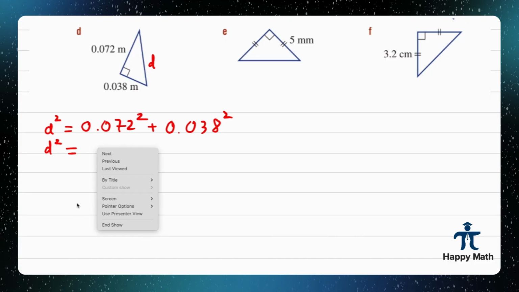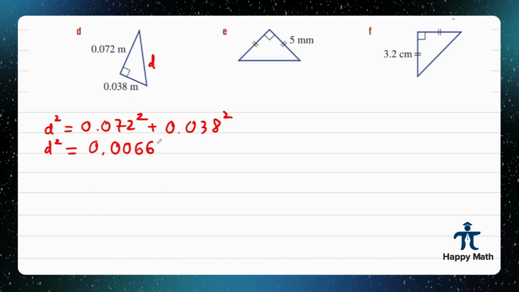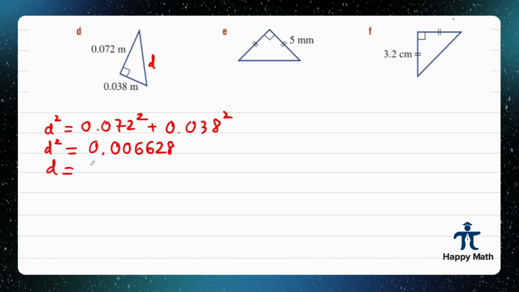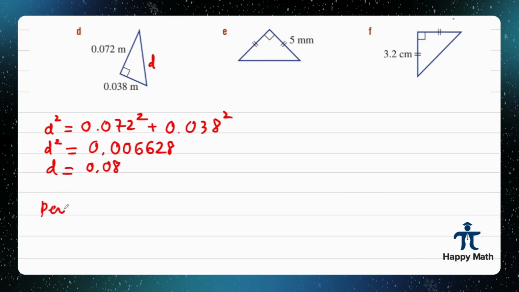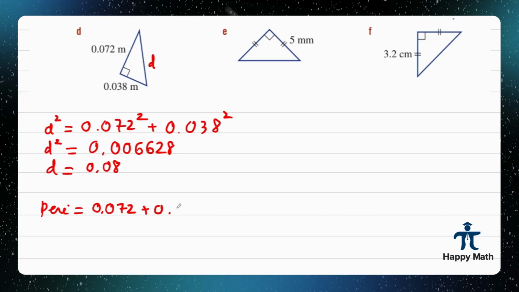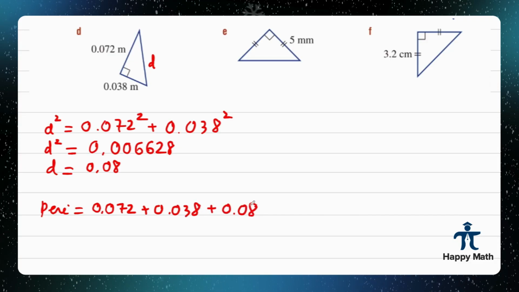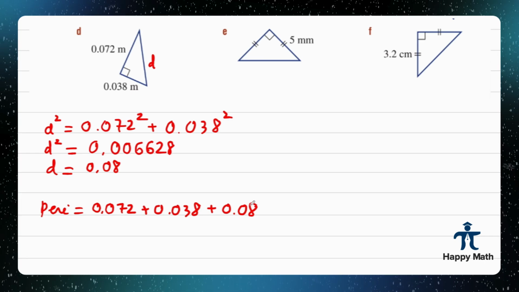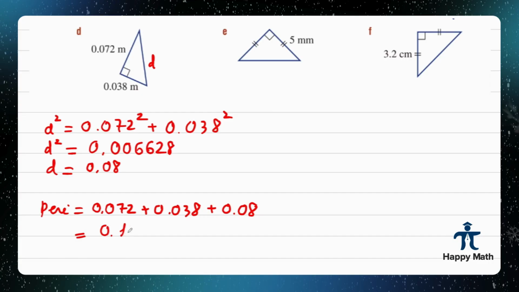The answer is quite complicated to write down: 0.00628, and for D, take the square root of this number, 0.08. And the perimeter will be 0.072 plus 0.038 plus 0.08. Okay, here is 0.19.